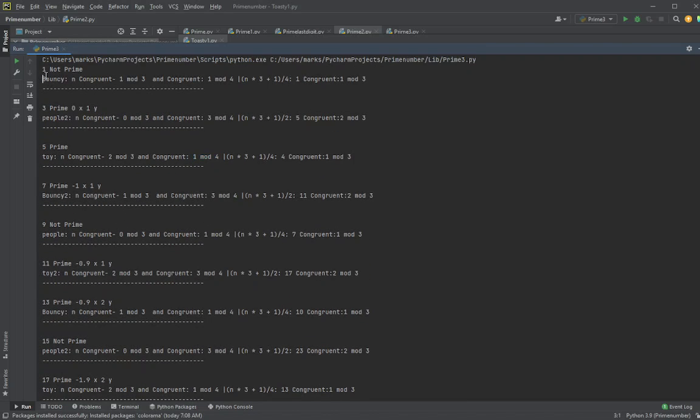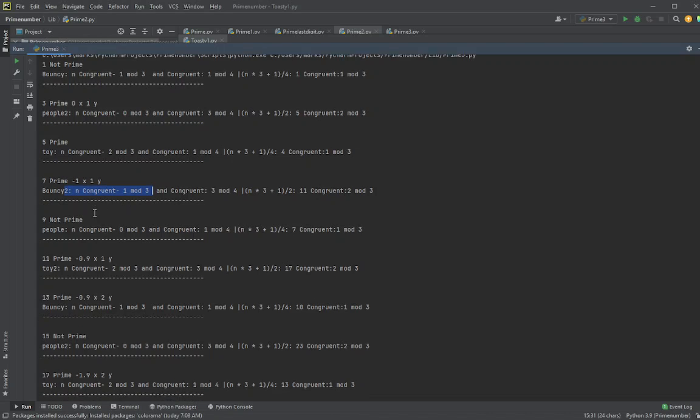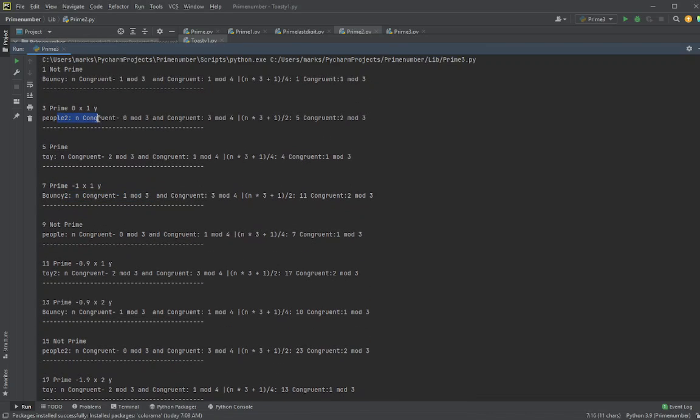And then for the words, I did like bouncy means 1 mod 3, and bouncy 2 means 1 mod 3. People is 0 mod 3, toy is 2 mod 3.